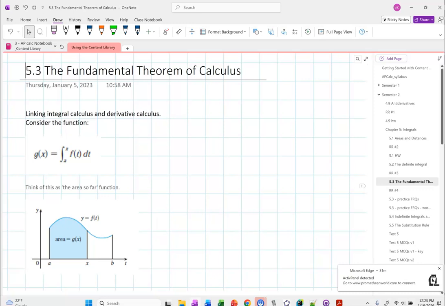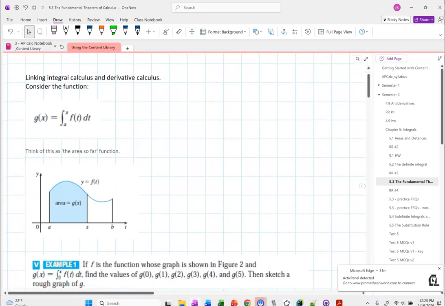So we're going to start with me defining a new function. This function is g of x, which is equal to the integral from a to x of some function f of t dt. You want to think about this function as an area up to x function, right?